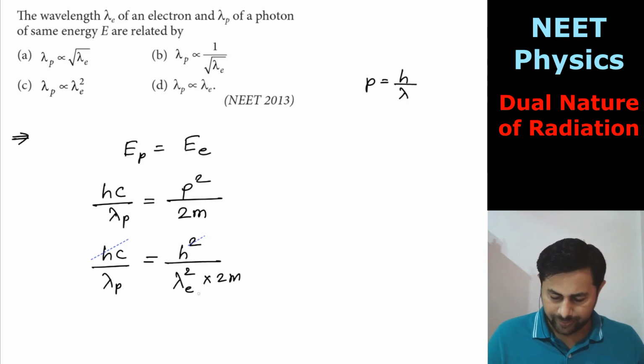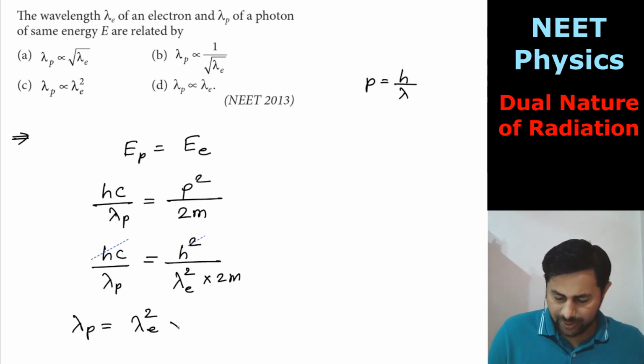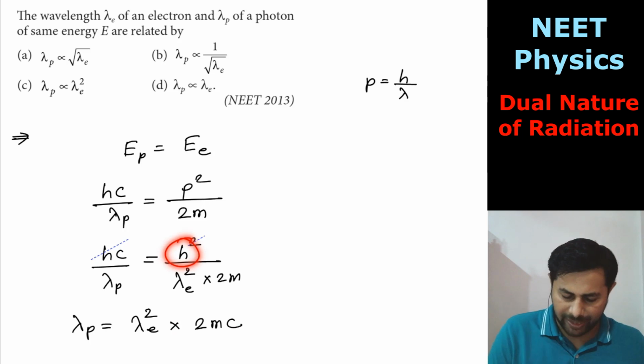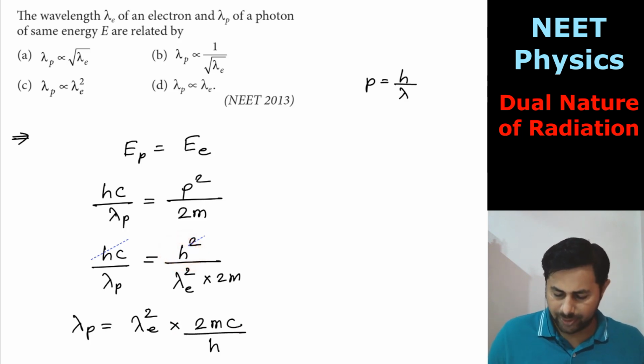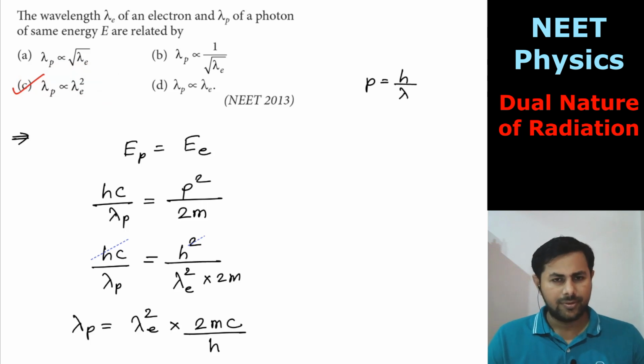And you can write this as lambda p is equal to lambda e square times 2 times m into c divided by h, but all this is constant, right? So what you can say is lambda p is proportional to lambda of electron square. It's option C. Okay, this is clear. Let's see next one.